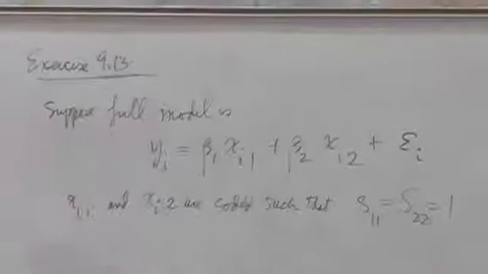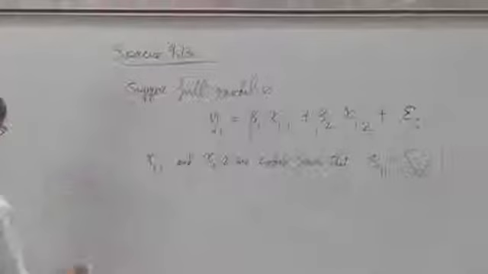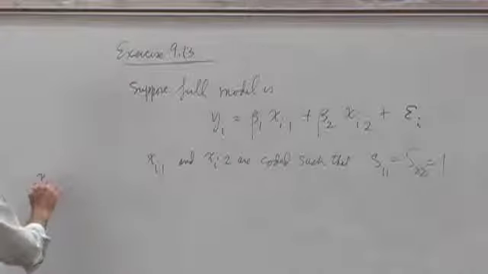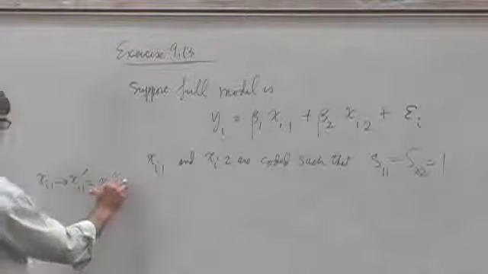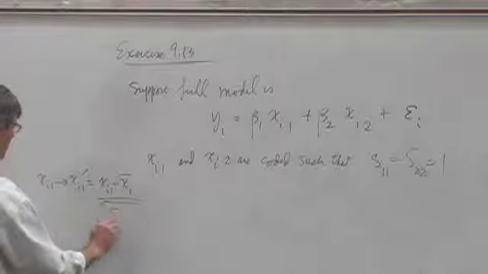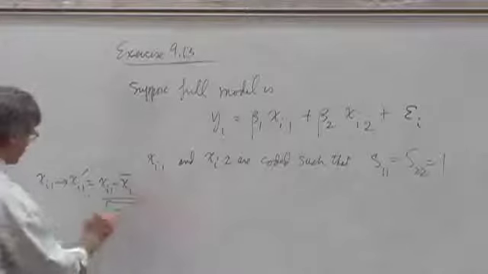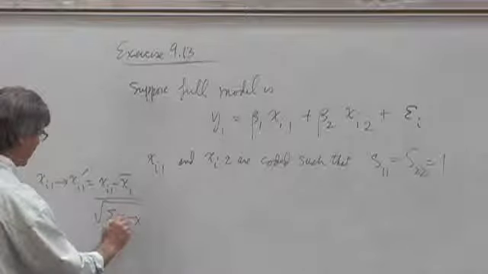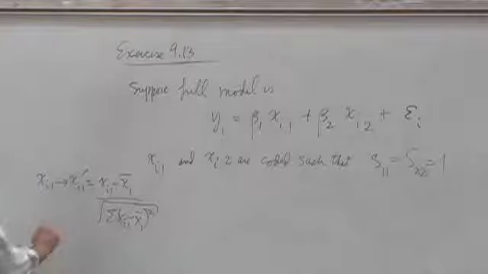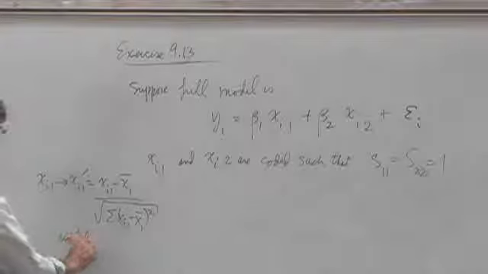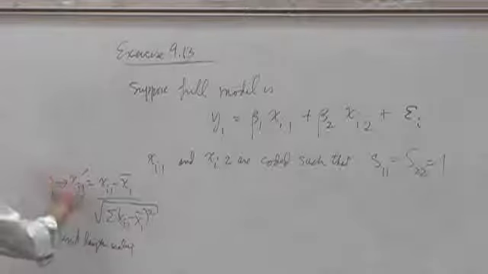So xi1 goes to xi1 prime, equal to xi1 minus x1 bar, divided by the square root of the summation of xi1 minus x1 bar squared, the square root of the variability. That's unit length scaling. And I can put the 1 into a j here and you cover all cases simultaneously.